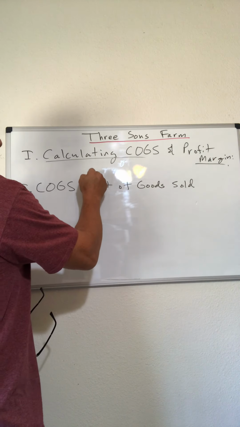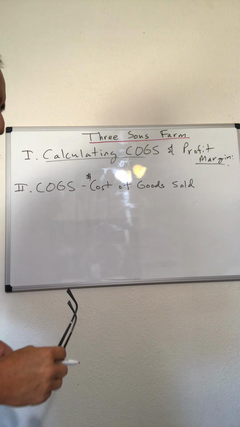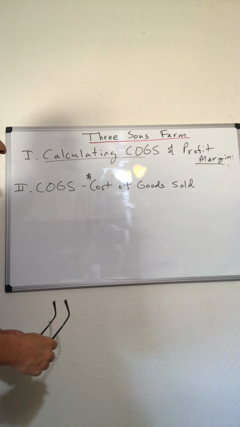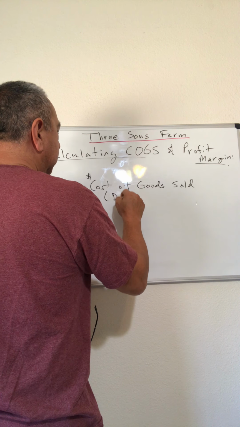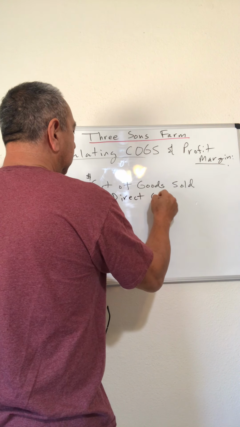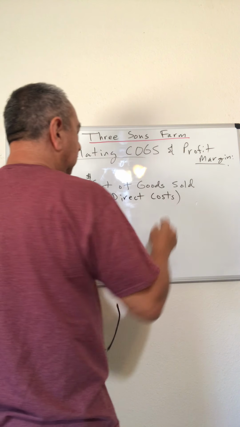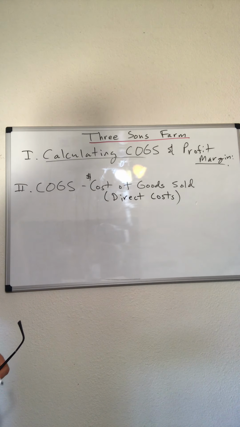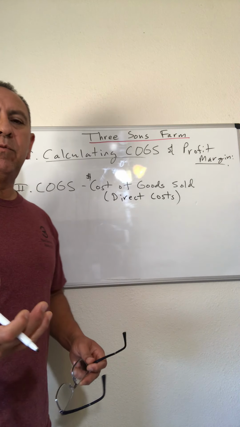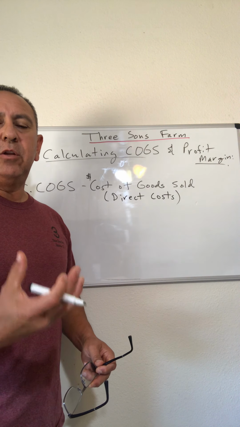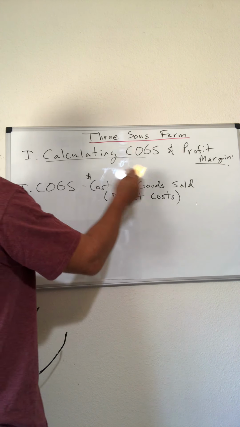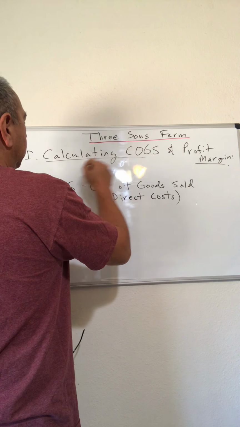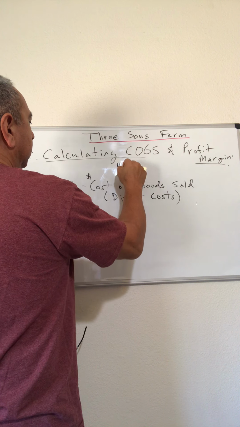It's a dollar amount. And the key thing with COGS and this calculation is we're talking about direct costs, all the costs that are associated directly with creating that good or that product. For this example, we're going to look at the COGS for a broiler chicken, or a meat chicken.